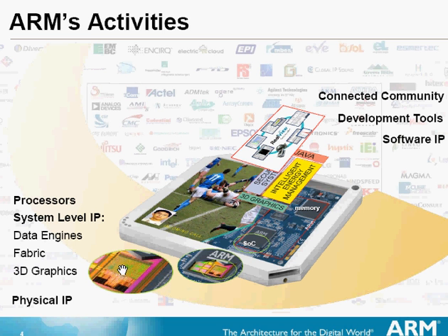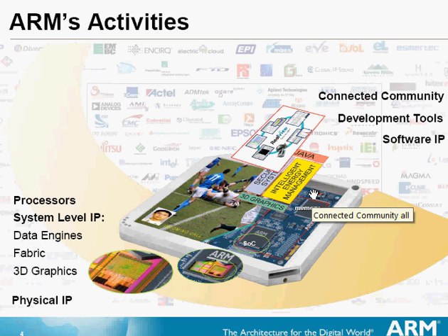This is a small tiny cell. These are the physical IP which is provided by ARM to ensure it's manufacturable. We ensure this tiny cell would be manufacturable. We provide software IP into the system, and development tools to help design and build the system architecture and software.